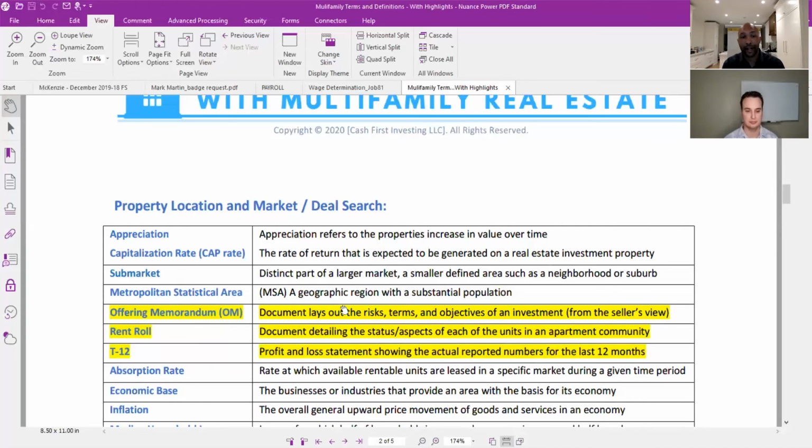Then you're going to subtract out your expenses, and that could be trash, it could be sewer, it could be repairs and maintenance. So you have your income up top, and then your expenses at the bottom, and then the T12 would subtract your expenses from your income to give you a net operating income at the bottom of the T12.